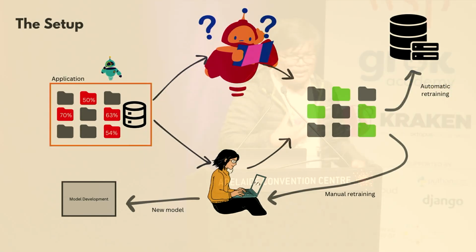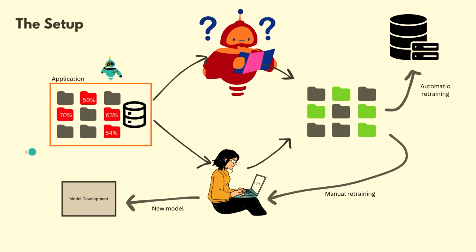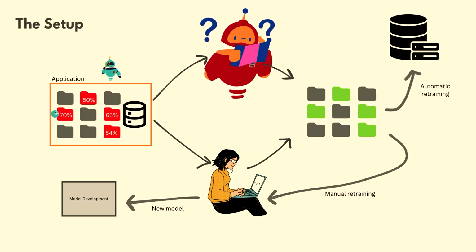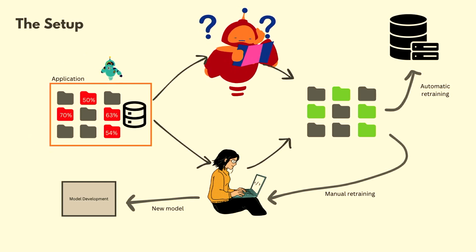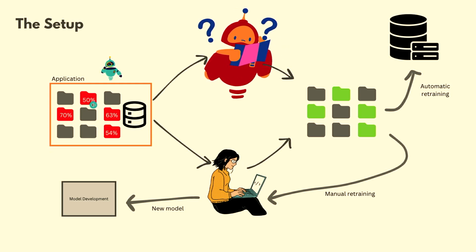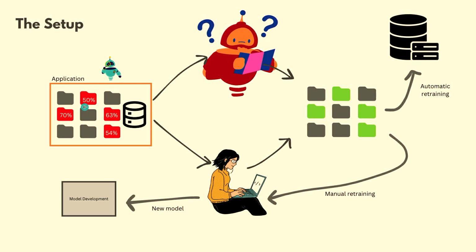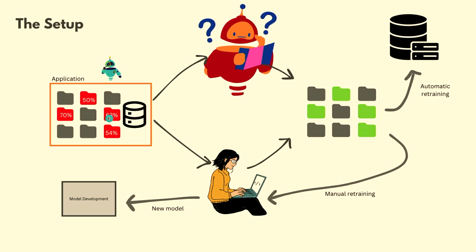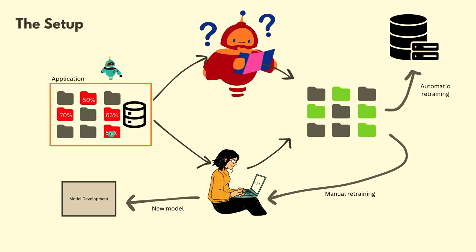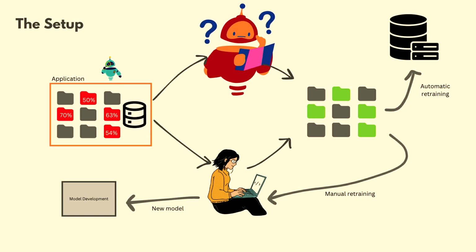Now let's go to the second step, right? So we have our application right here, and our really good model didn't do so well on some of the data points. It's like, I'm not sure, maybe I'm just 50% sure of this, maybe I'm 70% sure of this, I'm 63% sure of this, and so on. In classification problems, there is a predict probability, which is this one.